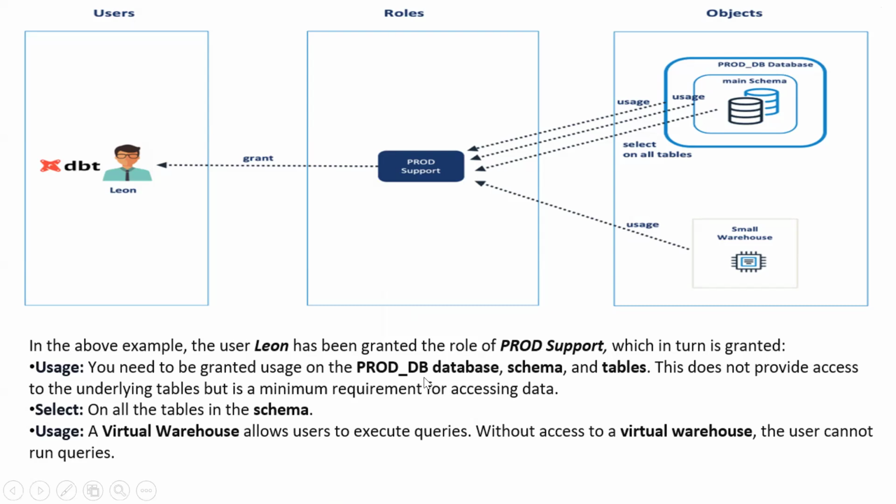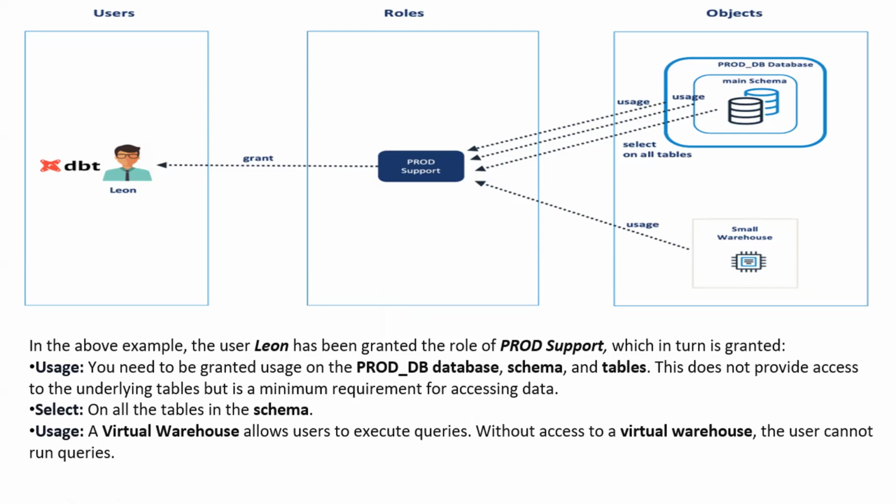So database, schema and tables, because his minimum requirement is to access the data. So he needs select access on all tables, because a production support team will need select access, right? Correct or not? And on the Snowflake side, you need a warehouse because you need to run SQL queries in the support activities. Hope this is clear.